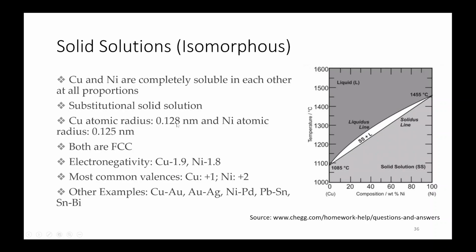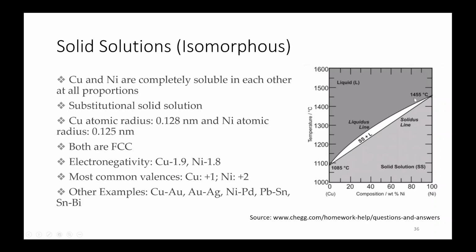These two sit very close to each other, side by side on the periodic table. So they have very close atomic radii, and they both are FCC in crystal structure, and electronegativity is 1.9 and 1.8, and their common valence is +1 for copper and +2 for nickel.